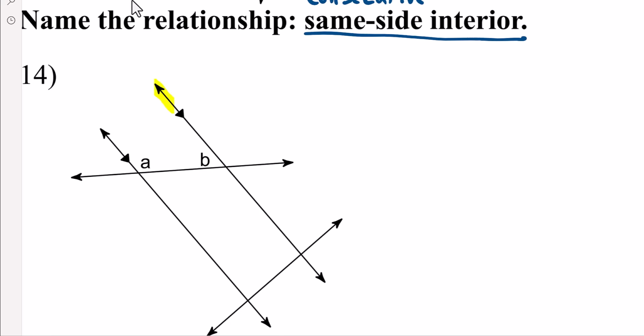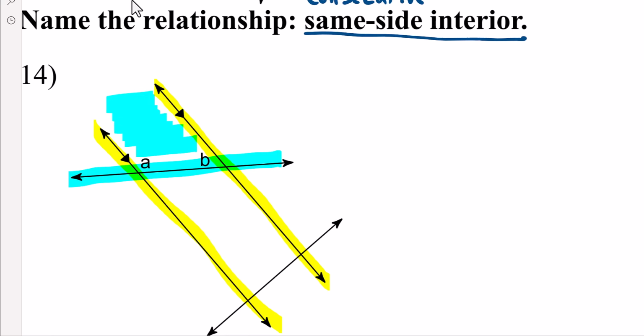So here's our parallel lines. Here's our transversal. And notice we've got angles on the interior again. But this time, they are on the same side. Look at what we have. We have this obtuse, and this angle is acute. Well, look at these others. Here's an acute, here's an obtuse.